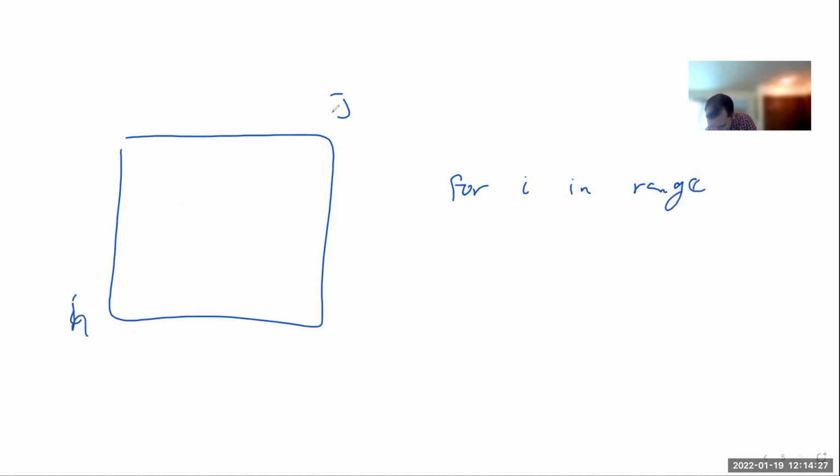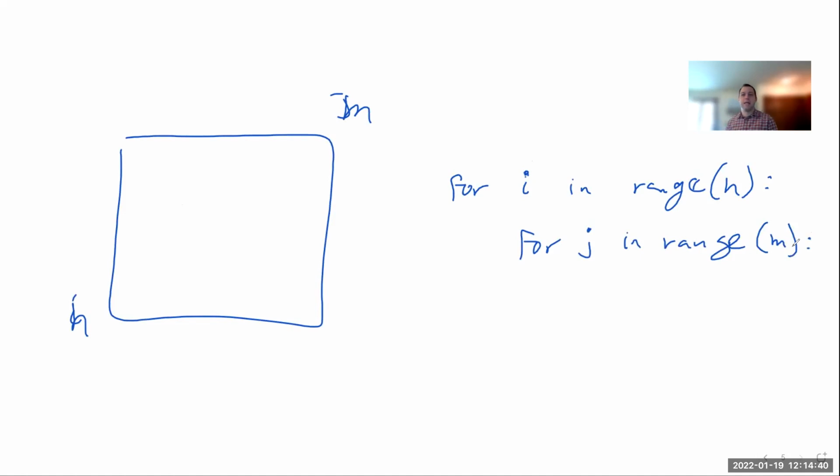What you know about traversing matrices is that because there's an i and a j, you want to go through every single cell and maybe print it out. So you're going to do for i in range N, and actually this is N and this is M. So for i in range N, for j in range M, and then you're just going to print M[i, j].